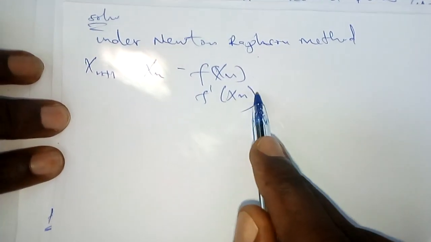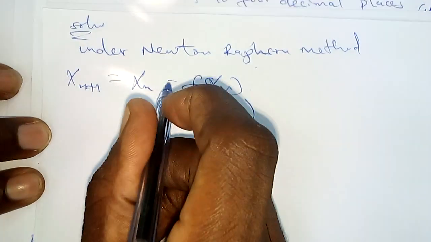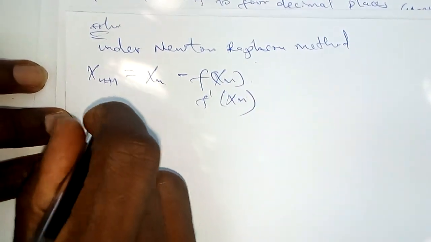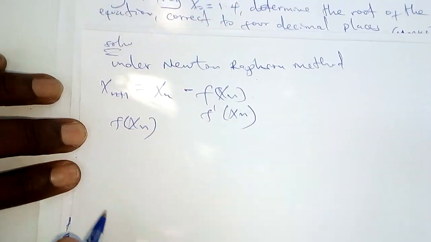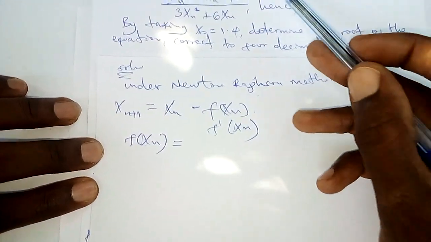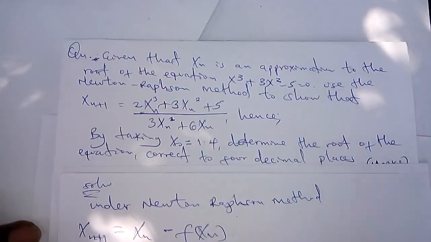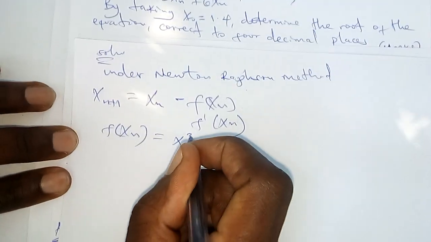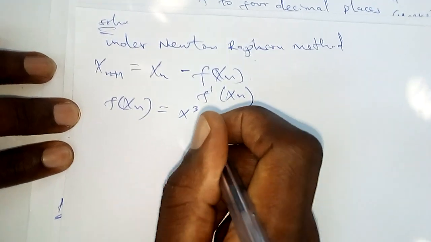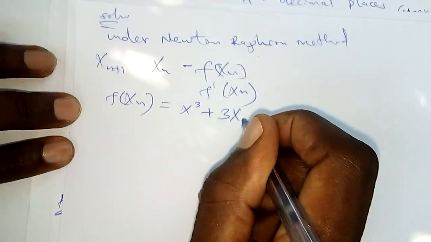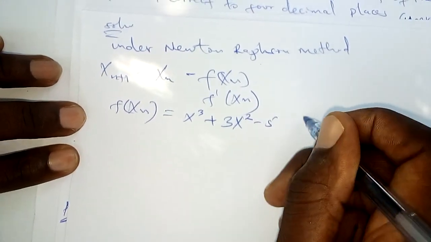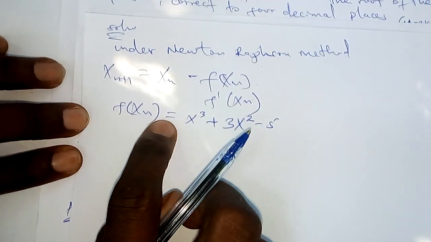Then you substitute in the formula and simplify further. So f function of xn is equal to the previous equation: x raised to 3 plus 3x squared minus 5.